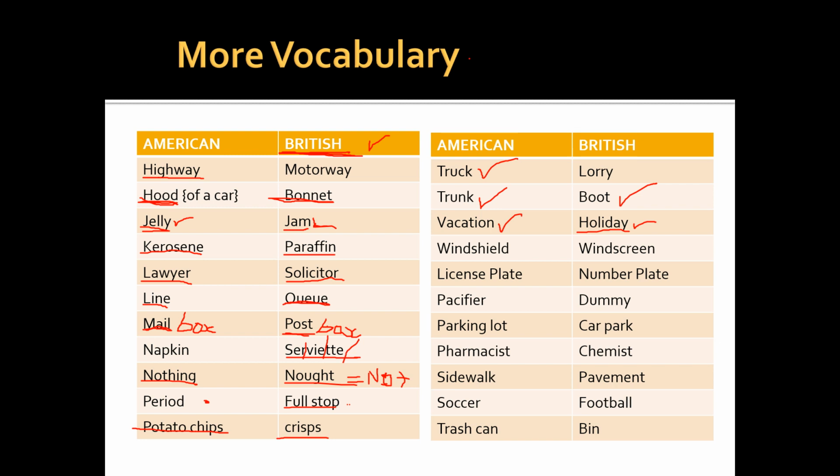Then windshield, the Americans say it as windshield, and in British it is said as windscreen. License plate and number plate. These number or license plate, both are at the back of the vehicles with the number on it.